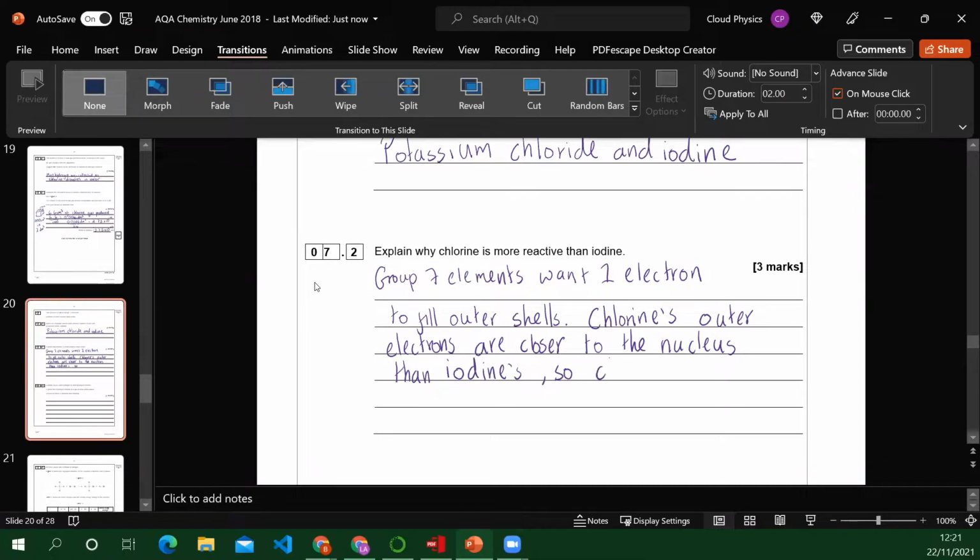So chlorine can gain electrons more easily as the nuclear attraction is stronger. Remember, the nucleus is positive. Okay, so it's going to attract those electrons.